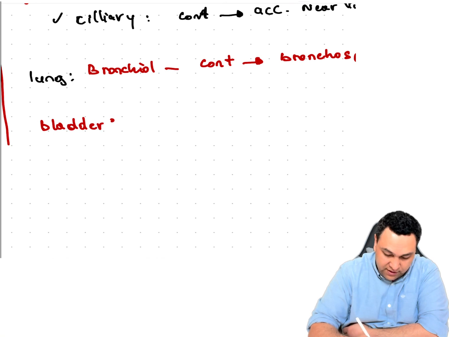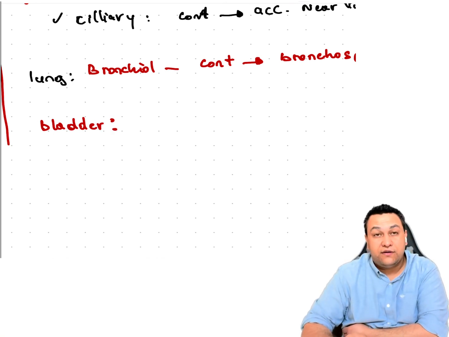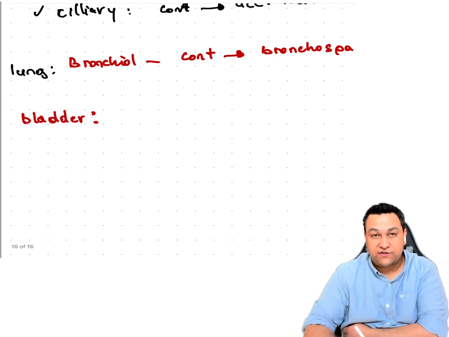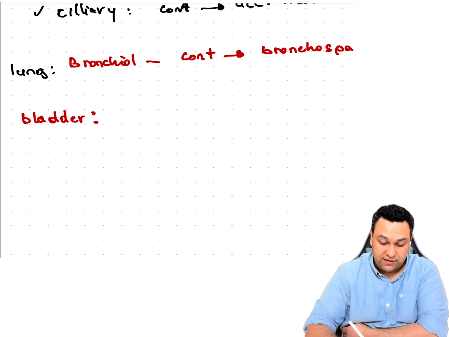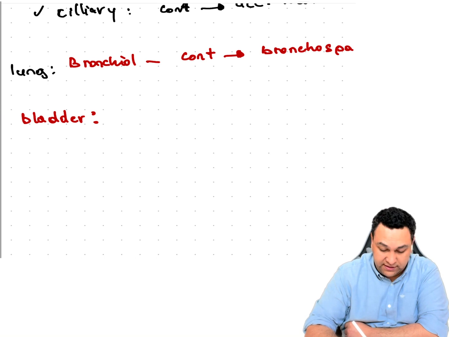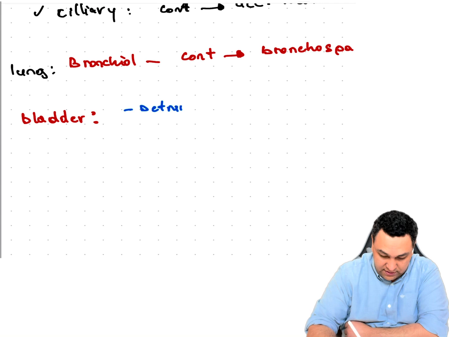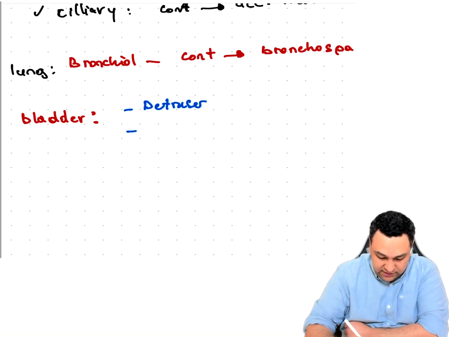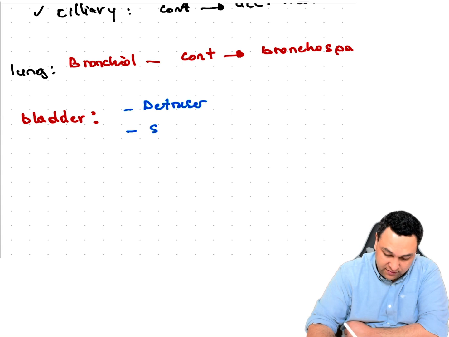Or let me give you some other examples, such as if it is located in the urinary bladder, I'm talking here. Now, if the acetylcholine binds with muscarinic receptor there, of course that is M3, of course that is Gq coupled, and that's a stimulatory. And there will be contraction of muscles, such as the detrusor muscle, and also it can act on other muscles such as sphincter muscles.